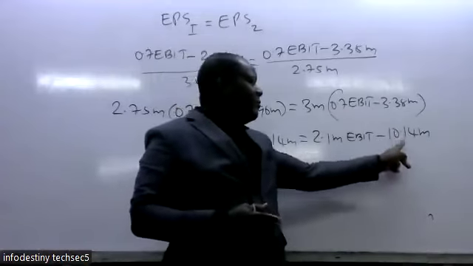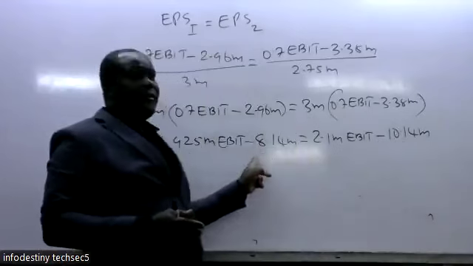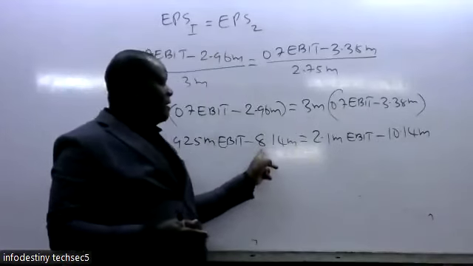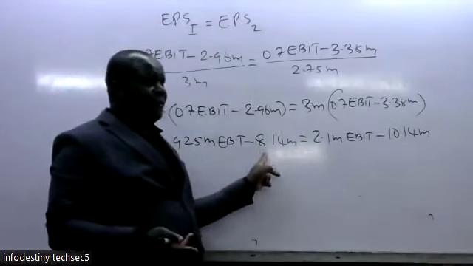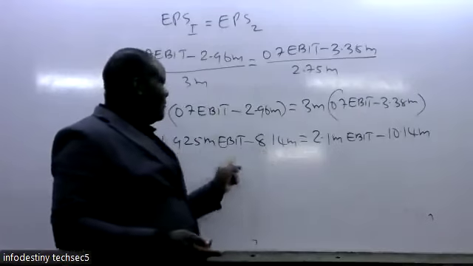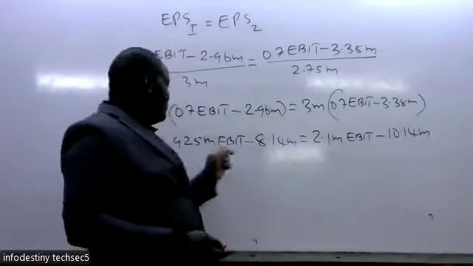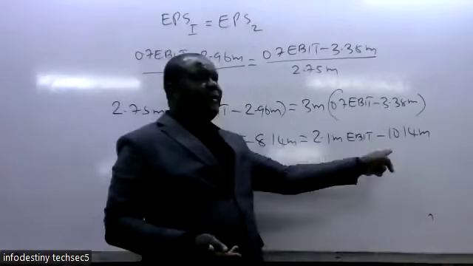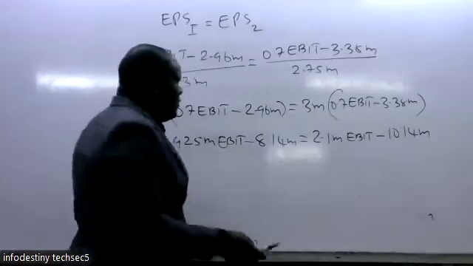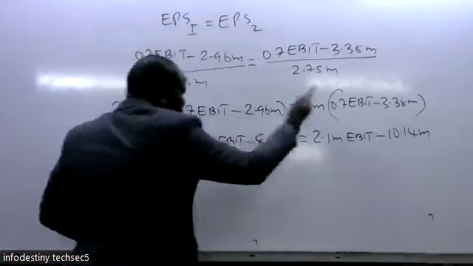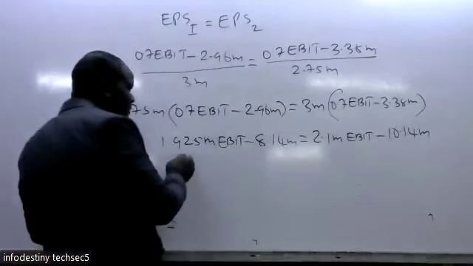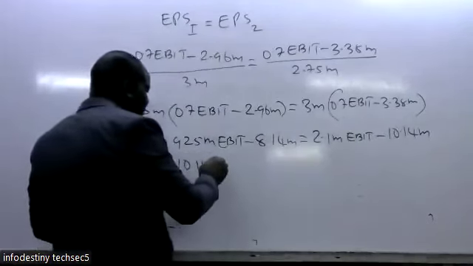So I will cross this one to this side to be positive. When I add, the final figure will be positive. Then this one is smaller than that, so I will cross this one to the other side, it becomes negative. Now when this one crosses over, it becomes a positive 10.14 million.